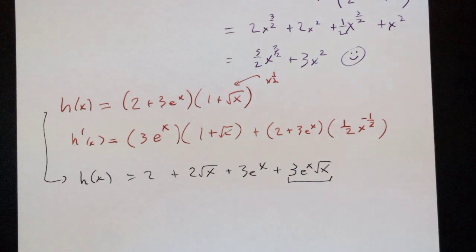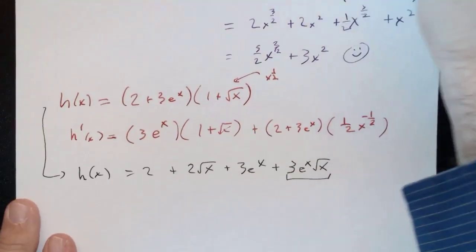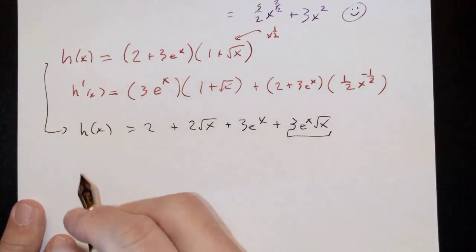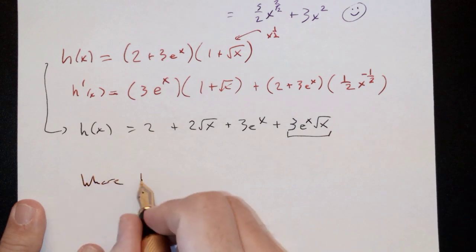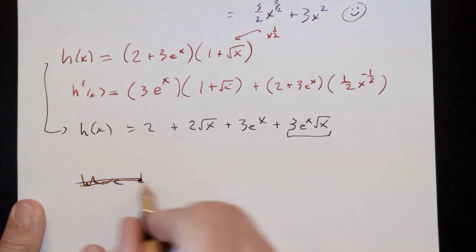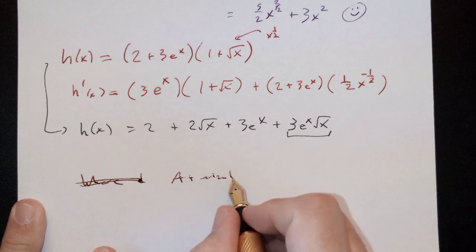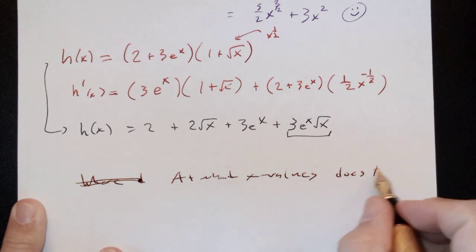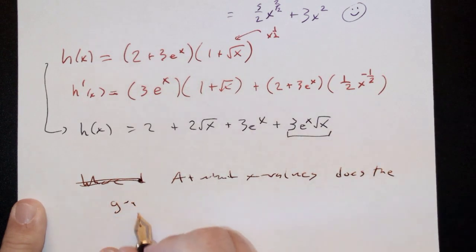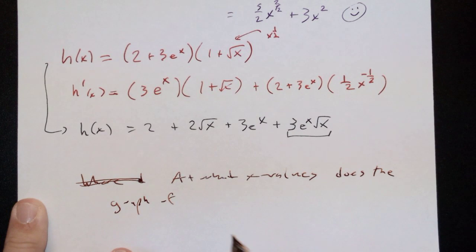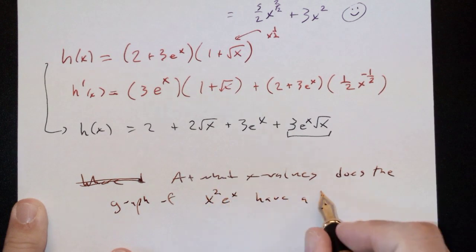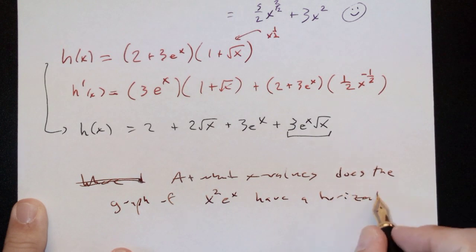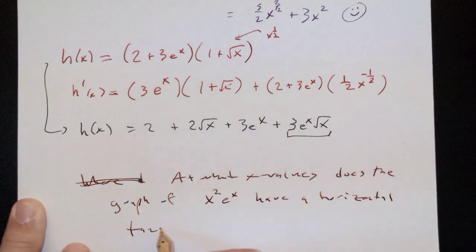A legitimate question I could ask: at what x values does the graph of x squared e to the x have a horizontal tangent line?